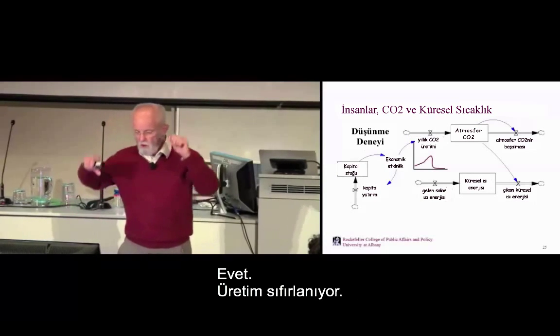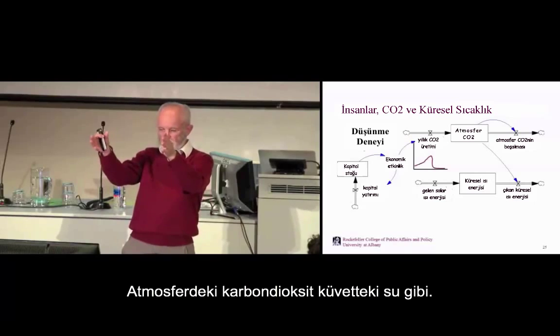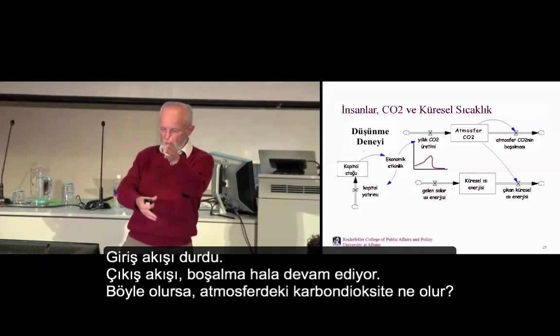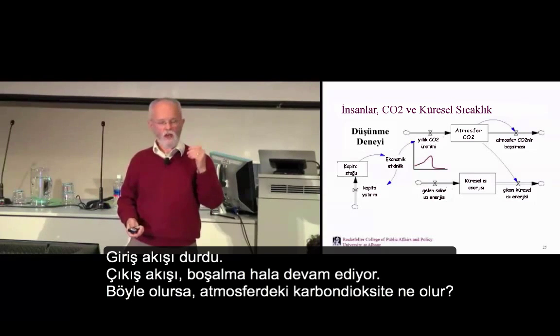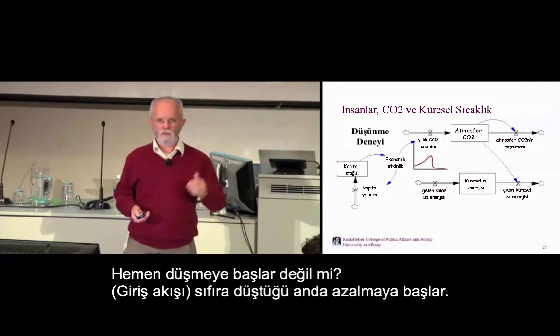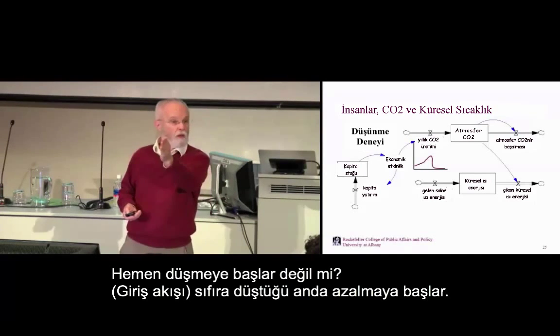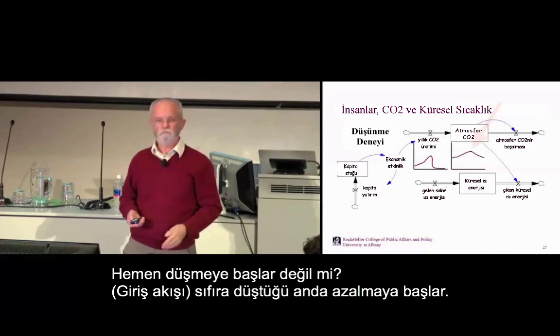All right, so production goes to zero. Atmospheric CO2 is like water in a tub. The inflow has stopped. The outflow is the drain. It's still going on. So what does atmospheric CO2 do? It starts to drop, and right away, right? The minute I've gone to zero, it starts to drop.